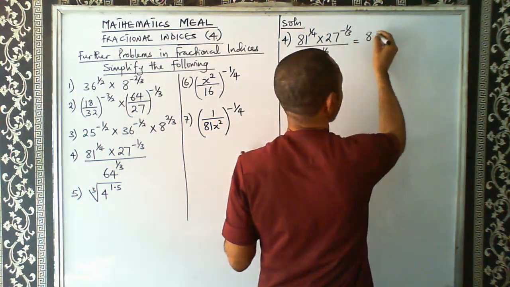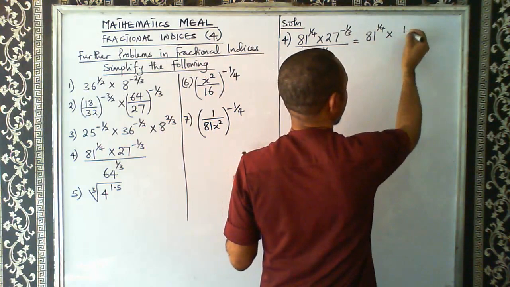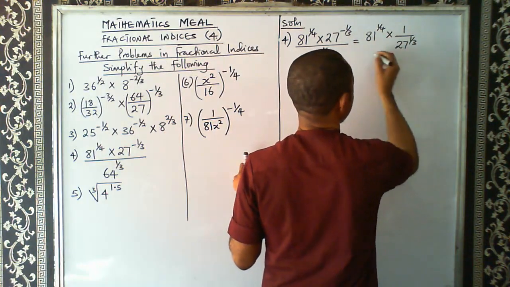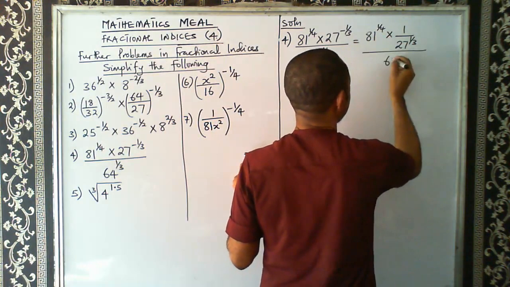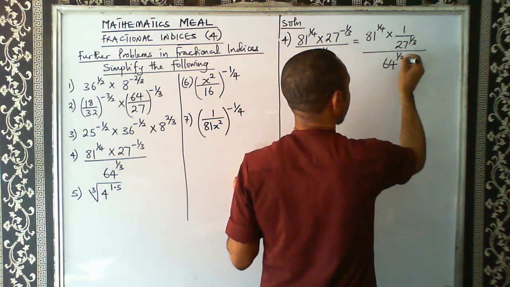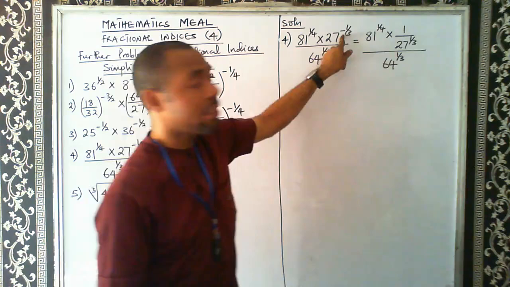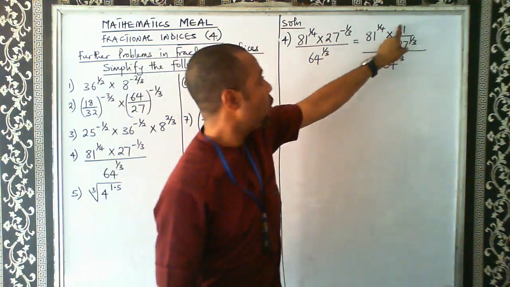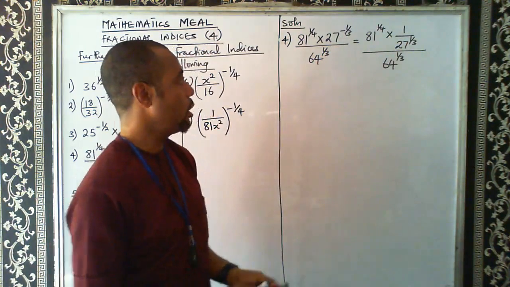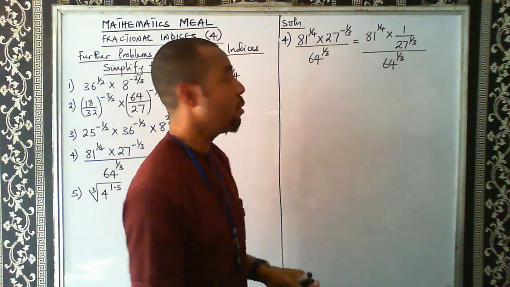This is 81 raised to power 1 over 4 times 1 over 27 raised to power 1 over 3 all over 64 raised to power 1 over 3. Right? You know why we have 1 over? We have a negative power here, so we need to remove the negative power using the appropriate rule or law in logarithm. Okay, so we can begin to write everything in root power form.